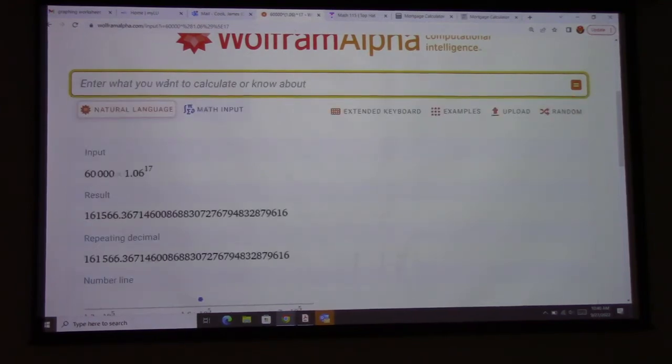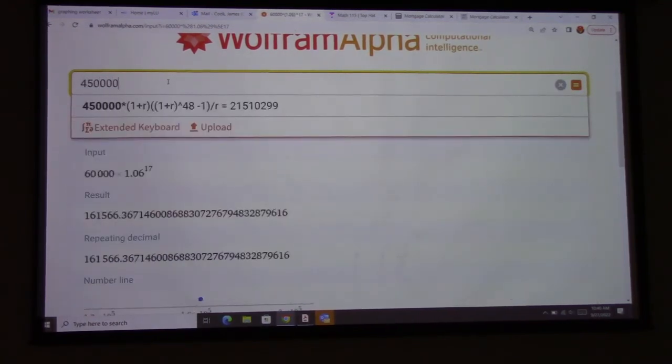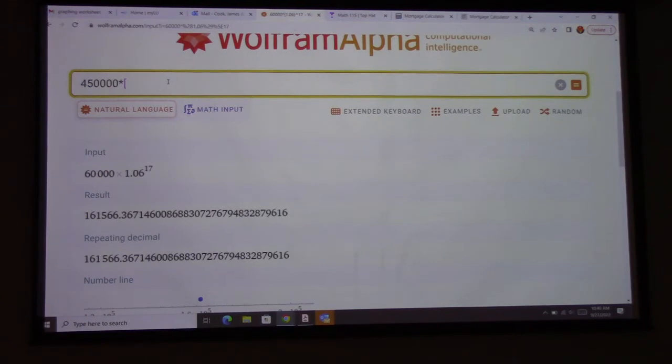Okay, so we got 450,000 times, I'll do some big brackets here. R was 0.07 divided by 12, right? That number. So parentheses are your friend here. I mean, your book actually has sequences of calculator steps, doesn't it? So if you can sort through those, more power to you. I like to see what I'm doing, so that's why I'm using this website.